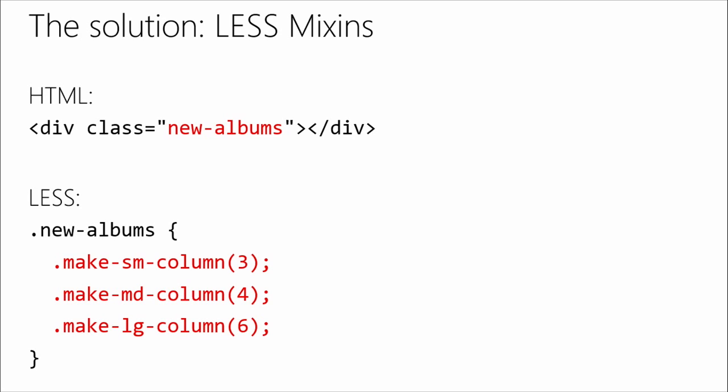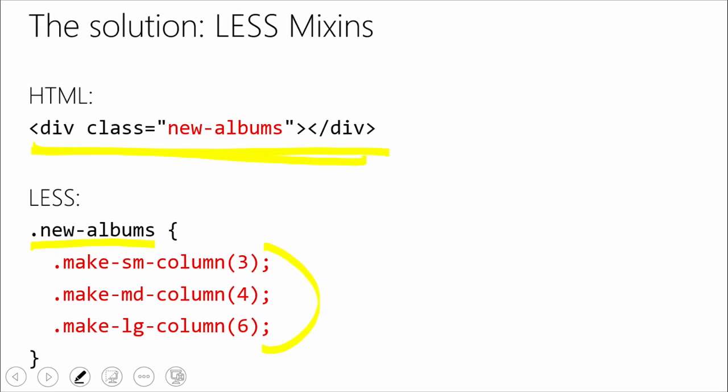So I can say I want to be able to write this HTML, and then using less, I can define all of these Bootstrap classes. Now I've got the right kind of separation: less is my presentation, HTML is my content, and I'm able to move all those Bootstrap classes into less and out of my HTML.